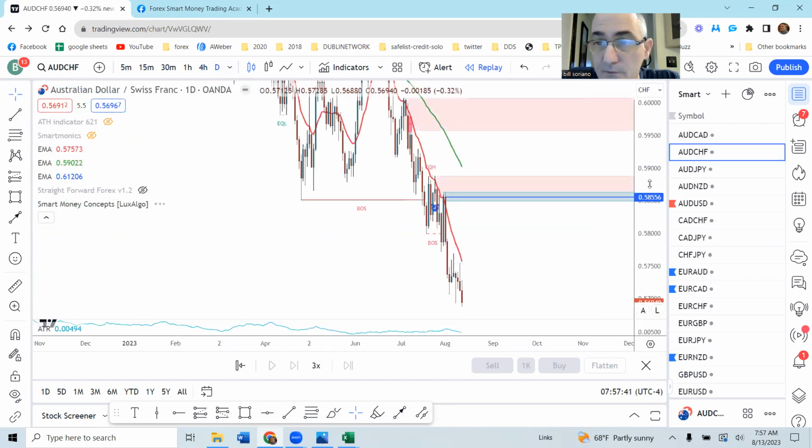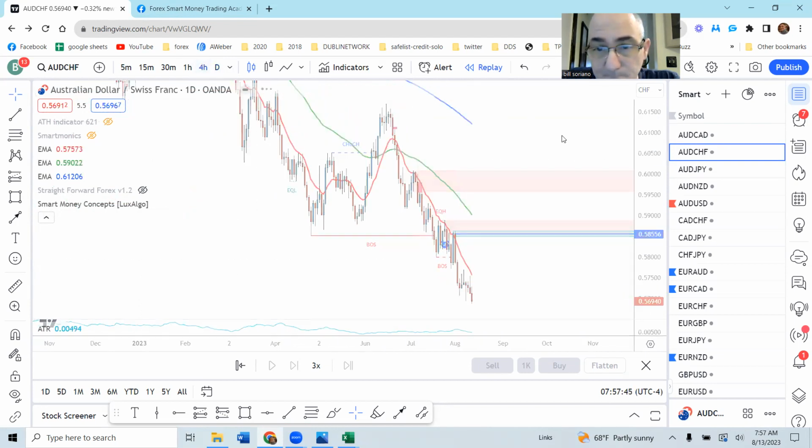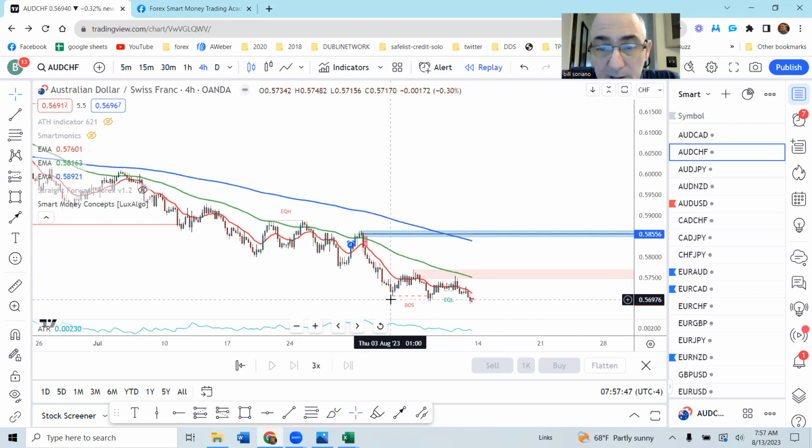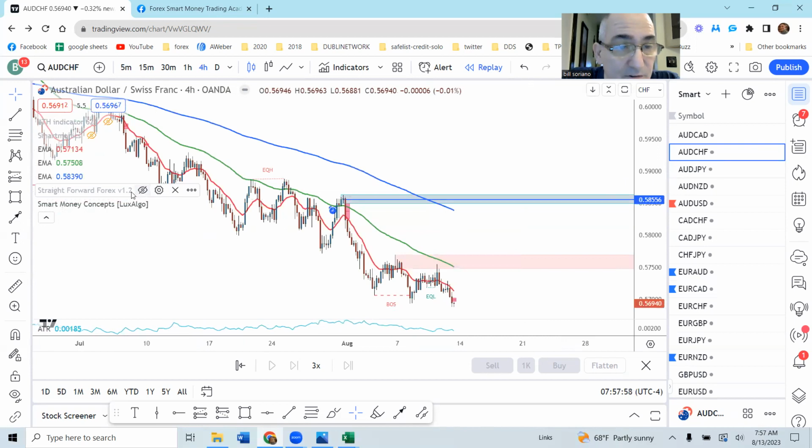Okay, going through the AUD pairs first, we could see we're clearly in a downtrend. And we have our 4-hour order block still marked up here, right? So we did get a break of structure here. You could see that the indicator is showing us, this is our Smart Money Concepts Lux Algo indicator.